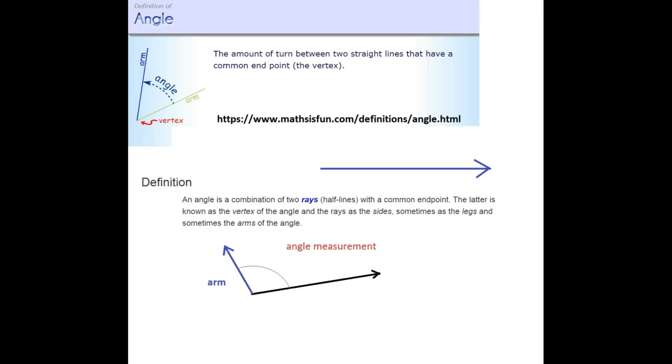We have the arm formed by that blue ray, a second arm formed by that black ray, and our vertex, the point where they join. All of that is called an angle. This comes from cutthenot.org, and they give a pretty good definition of what an angle is.